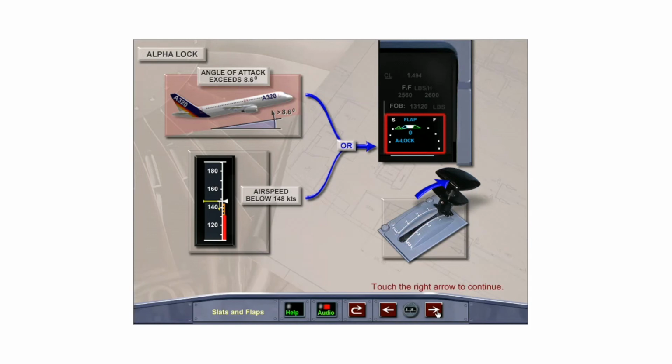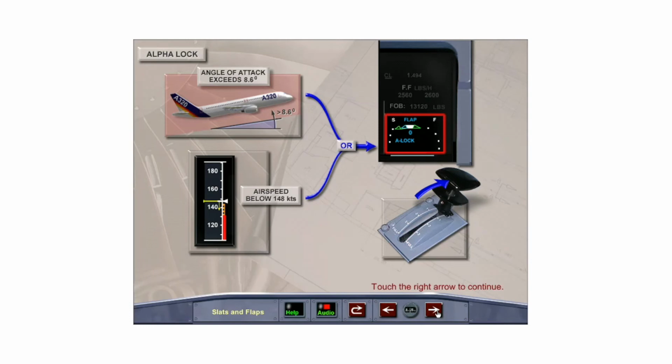An alpha speed lock function prevents slat retraction at high angles of attack and low speeds to guard against stall. If angle of attack exceeds 8.6 degrees or the airspeed is less than 148 knots, slat retraction from position 1 to 0 is inhibited.